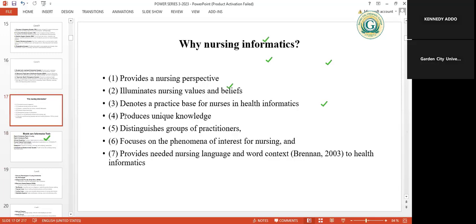Now, let me just hide this information from you. What do you think about it? What tools do you work with as nurses in informatics?